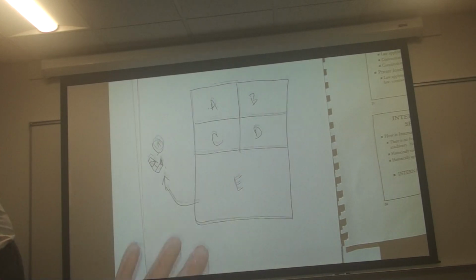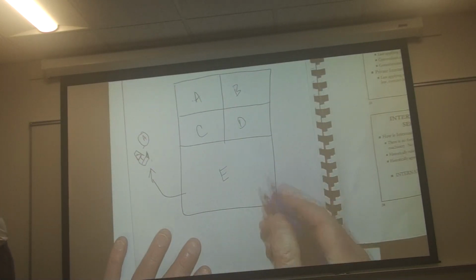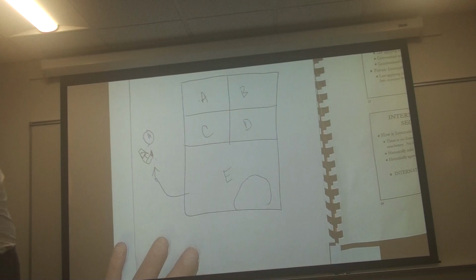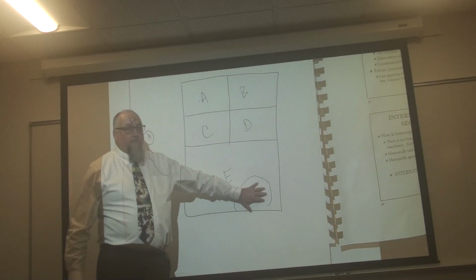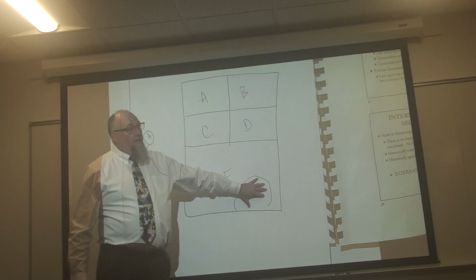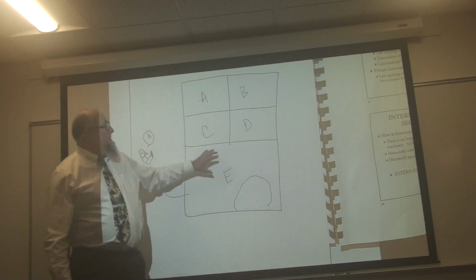Maybe they have a group of people that live within this area of that state, and they treat those people in a bad way. And these other states don't like it.